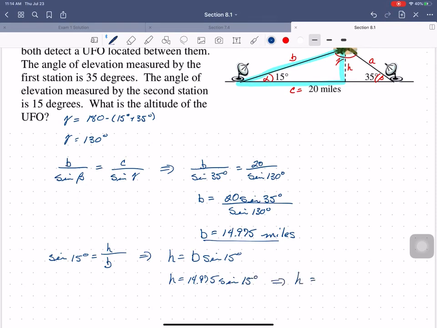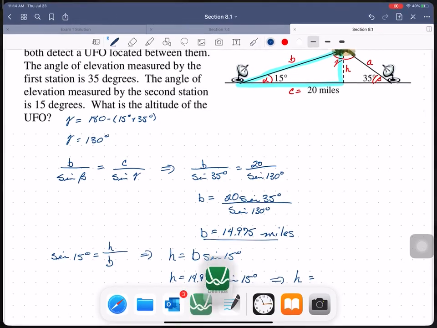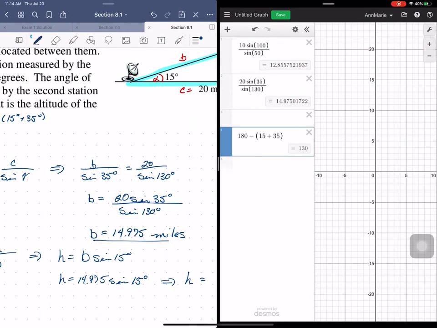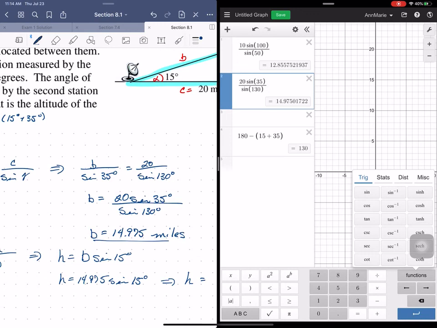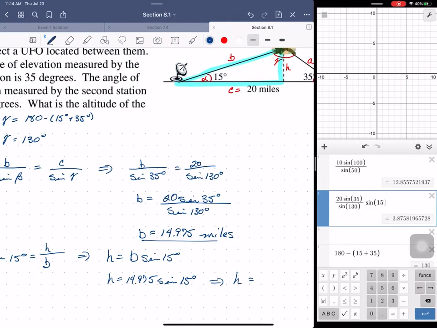So my unidentified flying object is 3.876 miles high.